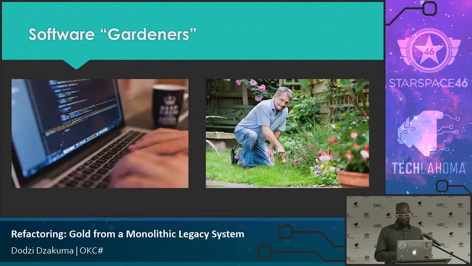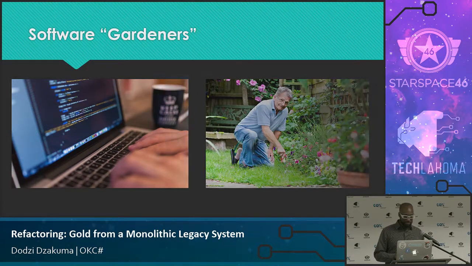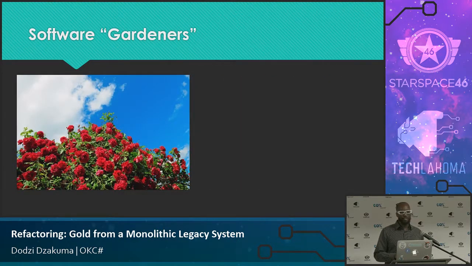So this is probably what it is. When you're doing this, you're typing at your keyboard, just like the guy over there to the right doing his gardening, you're doing your digital gardening. Roses, rose bushes, they look beautiful. They're awesome. Until they get out of hand.